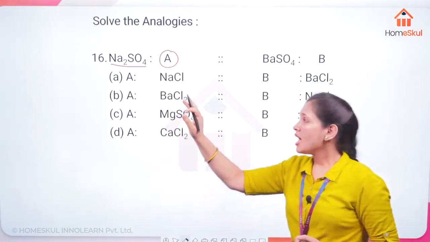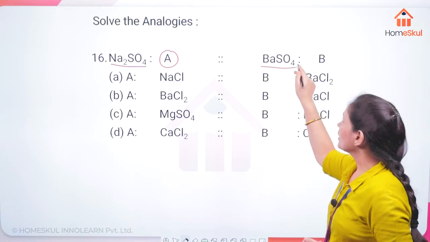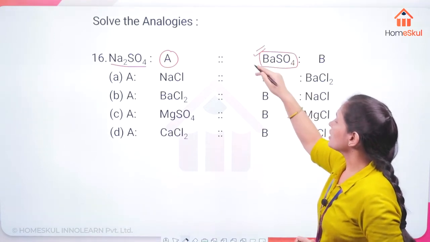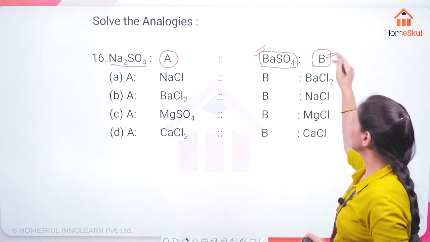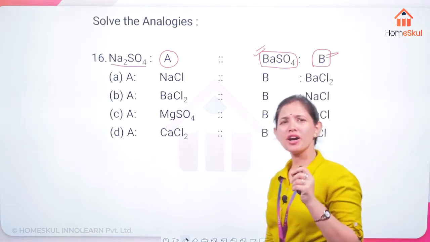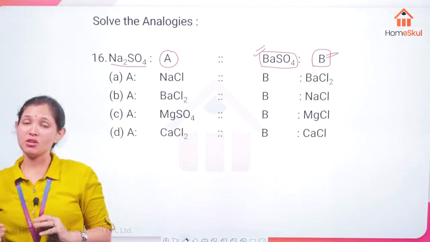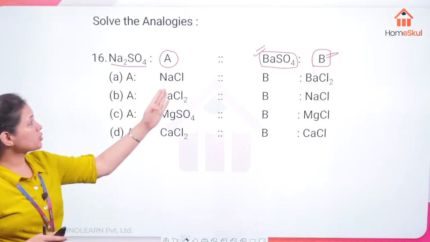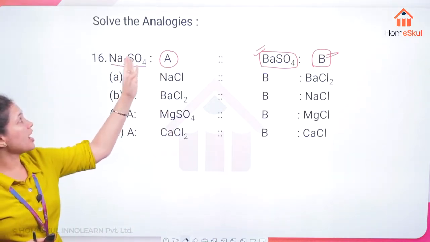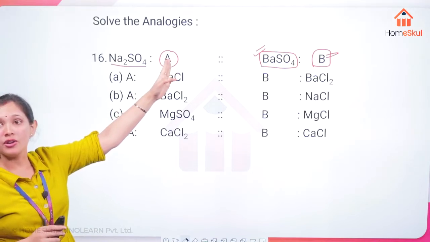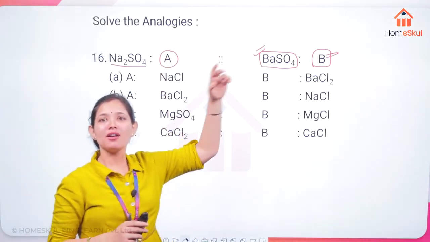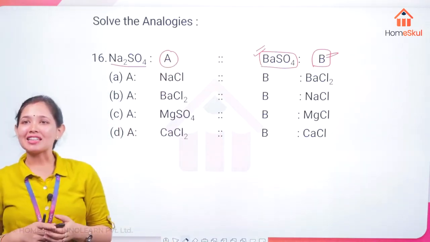After the product, BaSO4 is there and here B is there. You have to identify what A is and what B is. Among all these options, what is going to react with Na2SO4 to give this? Okay, very good.